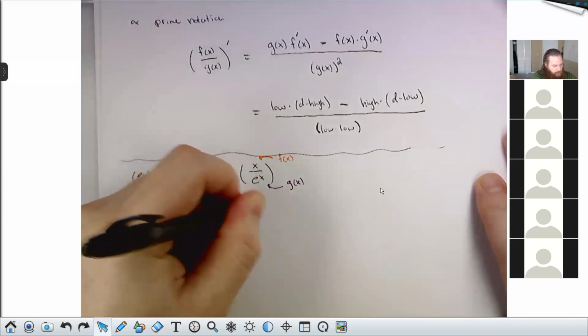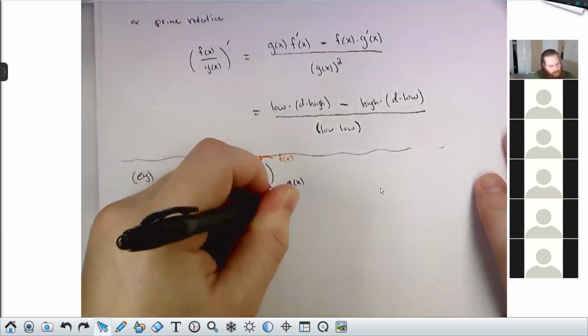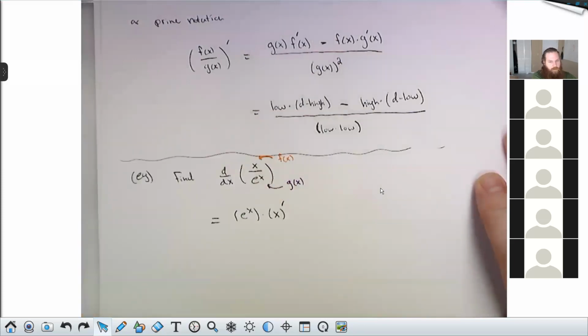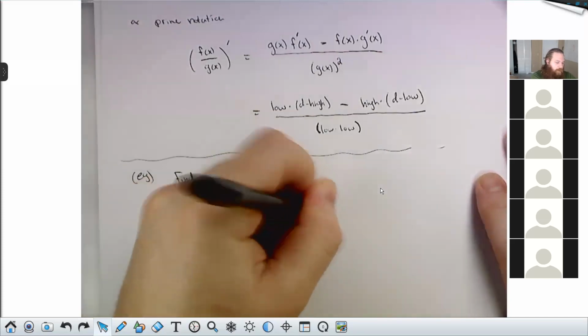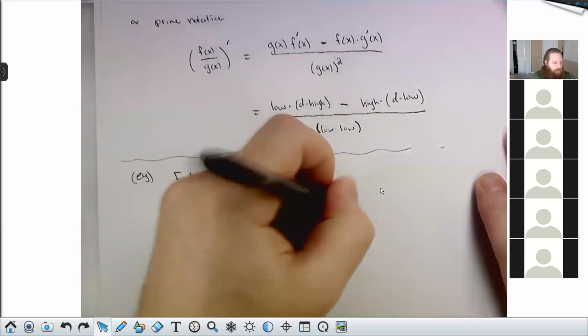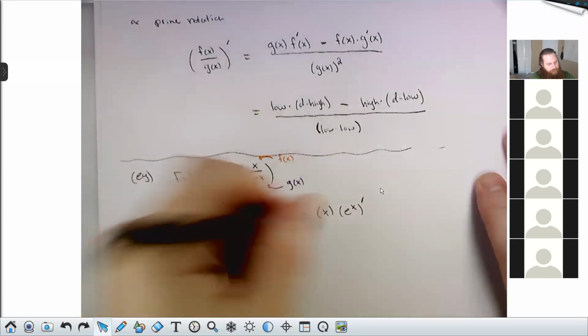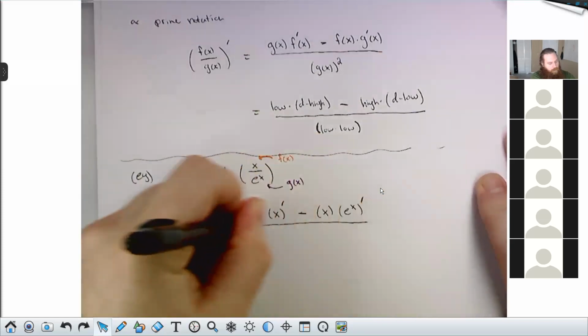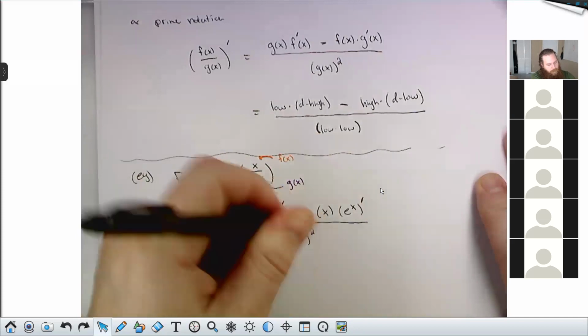So the bottom, e to the x, times the derivative of the top. And I'm just going to write it out schematically in this prime notation without actually taking the derivatives. Minus high, the top, times d low, the derivative of the bottom, all over low, the bottom squared.